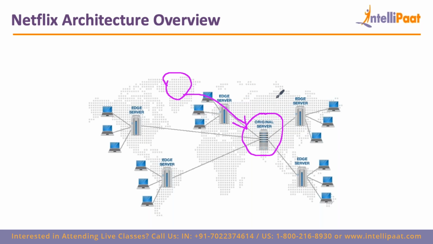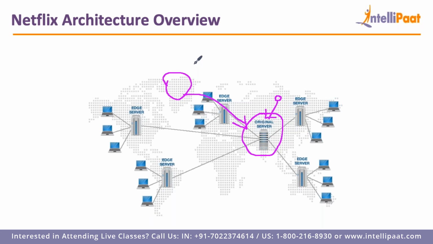Similarly, let's say you are residing over here as a user, and this is the distance that you are covering for accessing the server for Netflix. Now, obviously, the content, if you are trying to access from this server, will reach you faster than a user who is residing in a country which is as far as this particular circle over here.